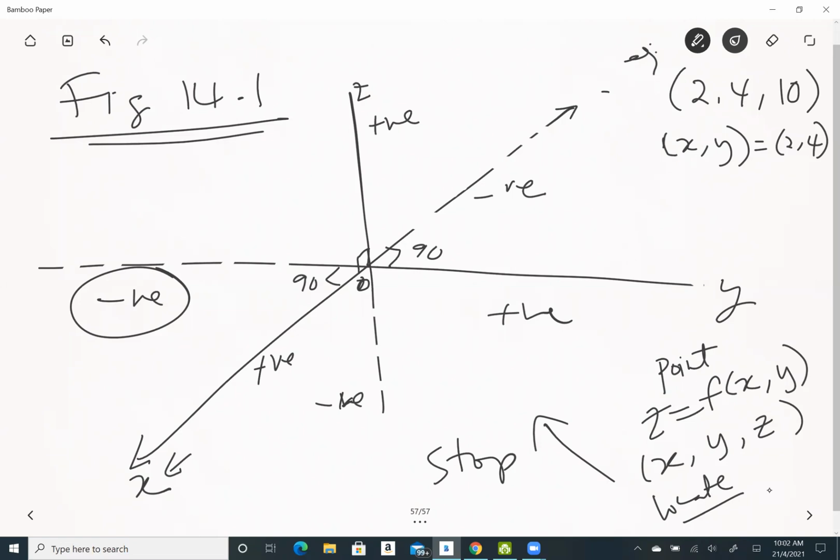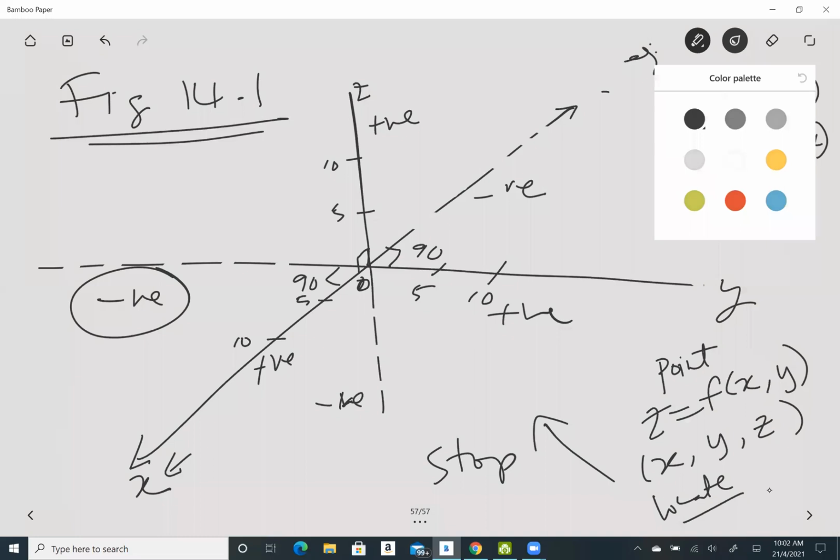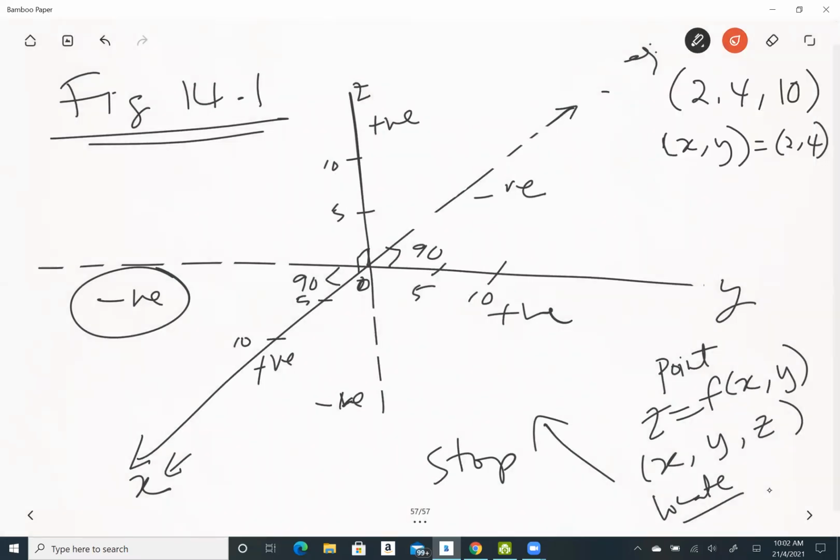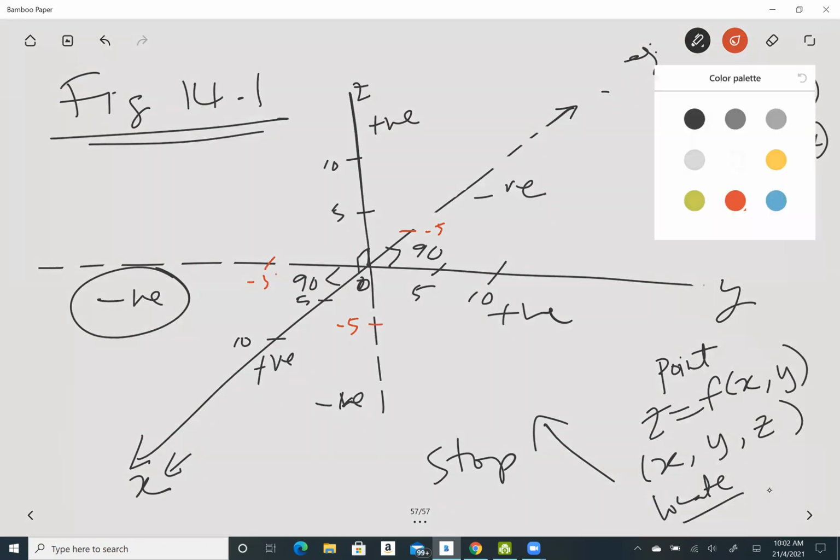So let's suppose this is 5, here is 10, and then here you got 5, and you got 10, and here 5, 10. And let us also indicate the negative. So here negative 5 for the x, and then here is negative 5 for the y. Here is negative 5 for the z. Okay, so those are the negative values. That means the other side of the origin.